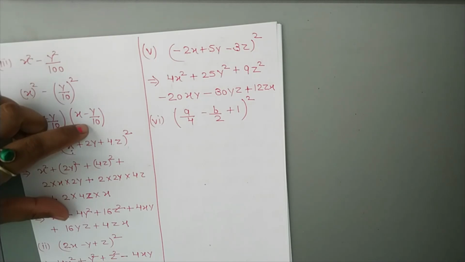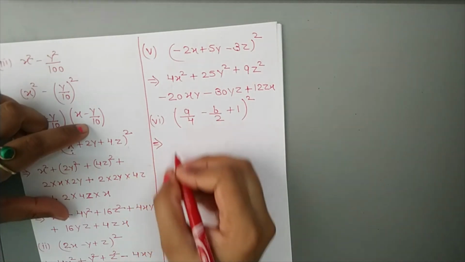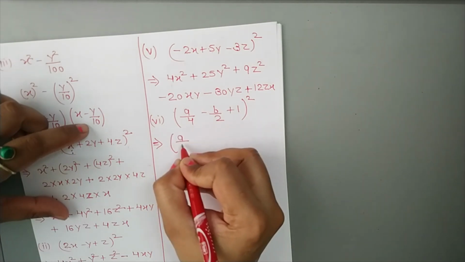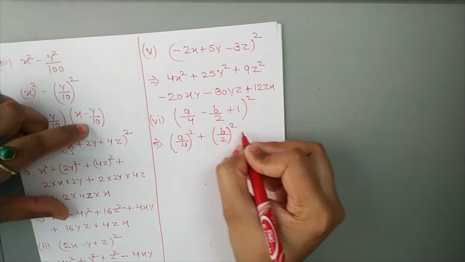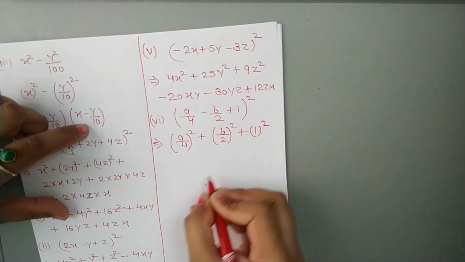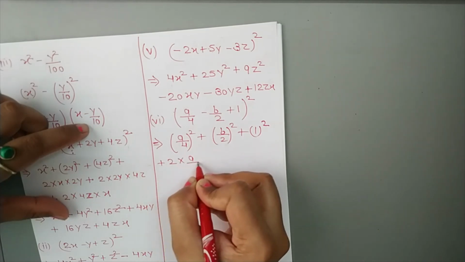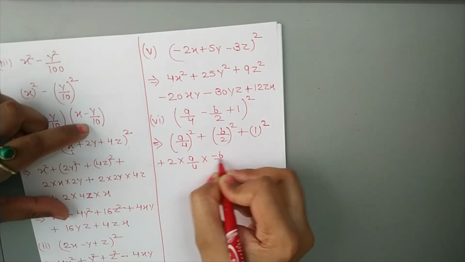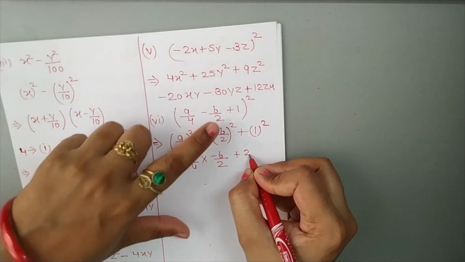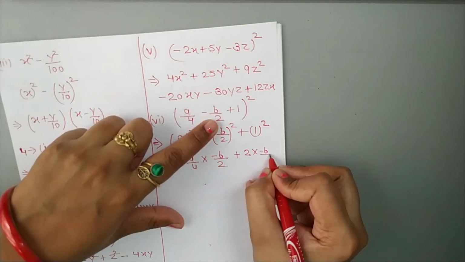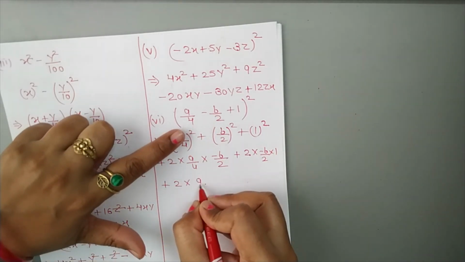Okay, the sixth part, (a upon 4 minus b upon 2 plus 1) whole square. So it will be a square plus b square plus c square, then plus 2ab plus 2bc plus 2ca.